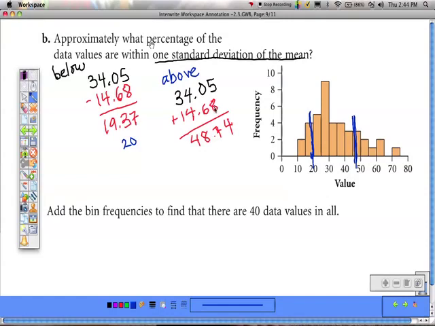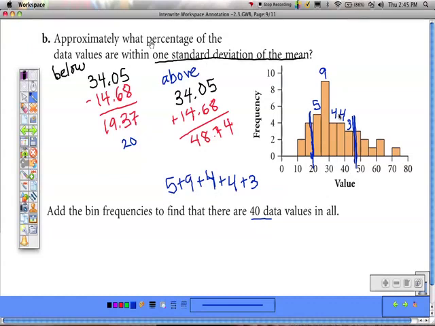Alright, so we have to figure out what percent is within these 2 lines right here. And remember that there are 40 data values in all. So we're just going to add up the numbers of these bins right here. So this looks like it has about 5. This is 9, 4, 4, and 3. I'm not going to add this one up, we'll just say everything below it. So it's between these right here. We'll add them up. And we want to know what percentage is within 1 standard deviation.